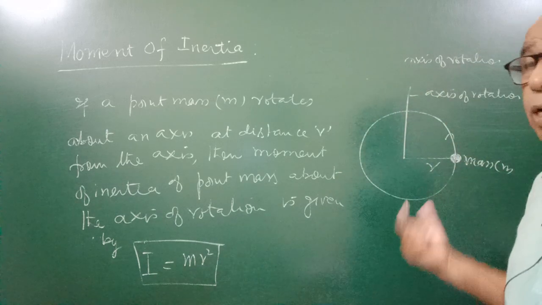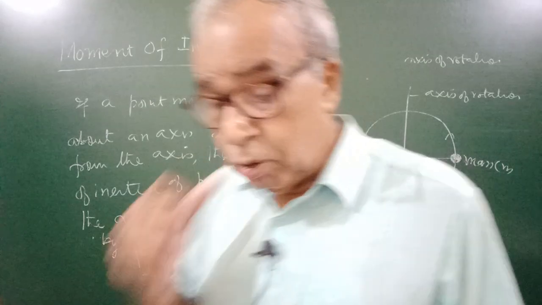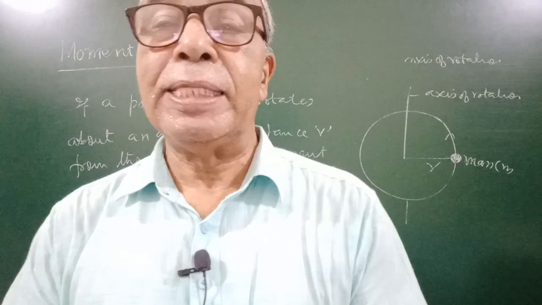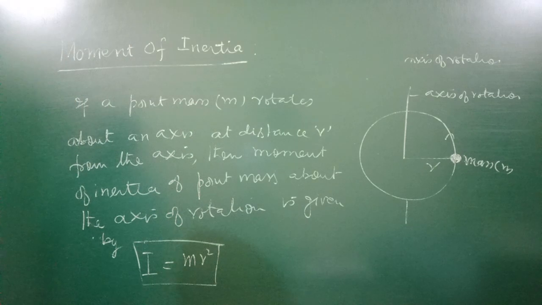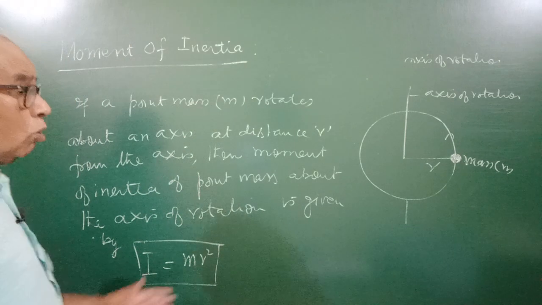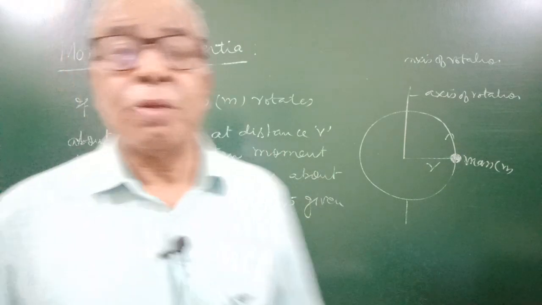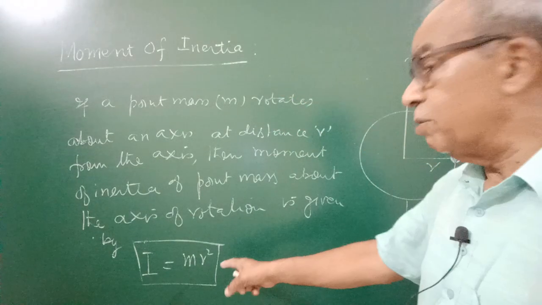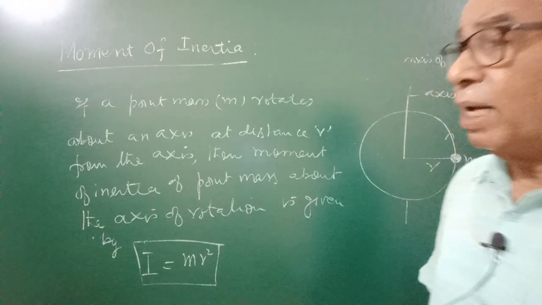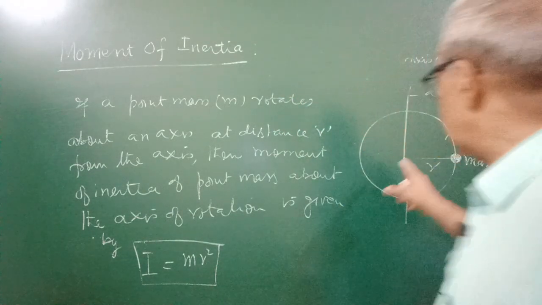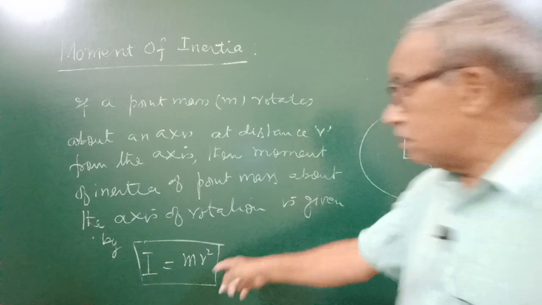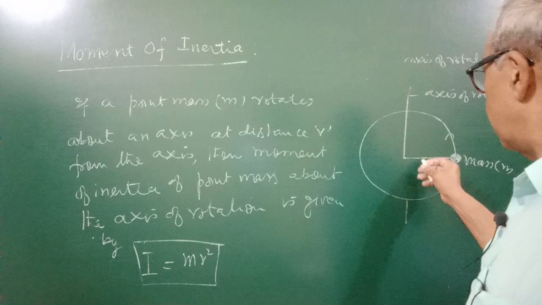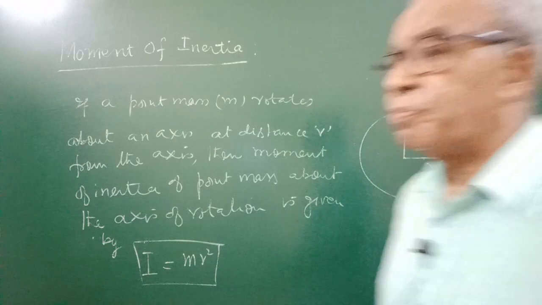Otherwise, bodies are not always point masses. You have bodies of different shape and size and different mass. So I mean to say here that moment of inertia does not depend only on mass. The other factor which affects it by a larger margin is the square of the distance, the square of the radius. If I bring it closer here, it will be less.